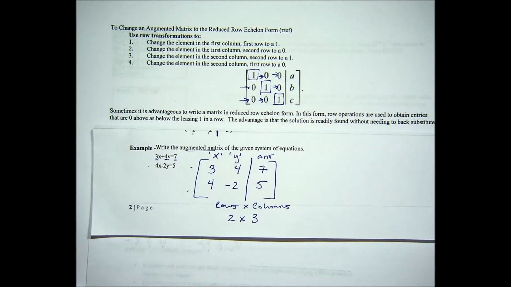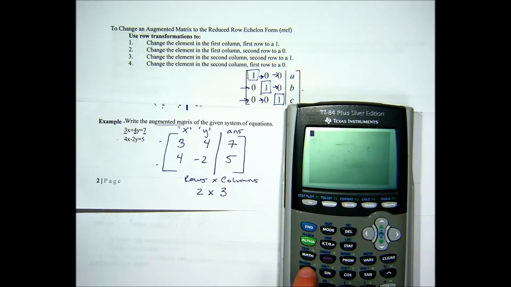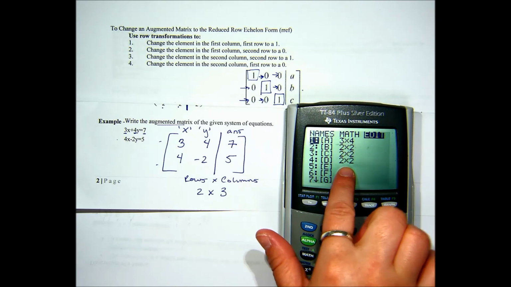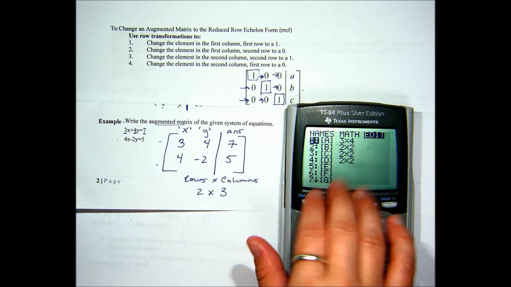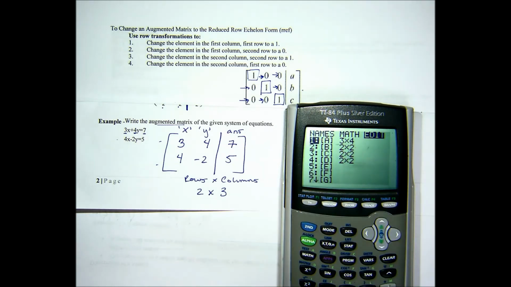Now, there's my matrix. So I have to hit second x to the negative 1. I want to go to edit. Now, if you don't have matrices here, don't worry about that. I'm just going to write over them because once I'm done with it, I don't need it anymore. I'm going to have one highlighted and I'm going to hit enter. The matrix I want to put in is a 2 by 3. So I'm going to hit 2, enter, 3, enter.